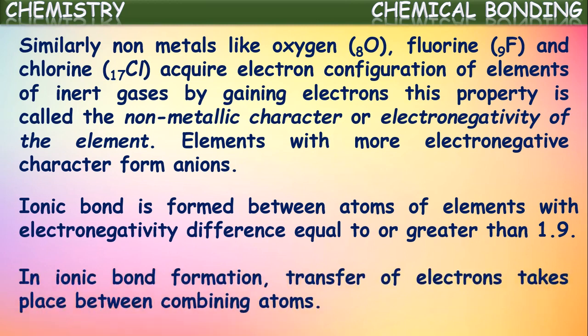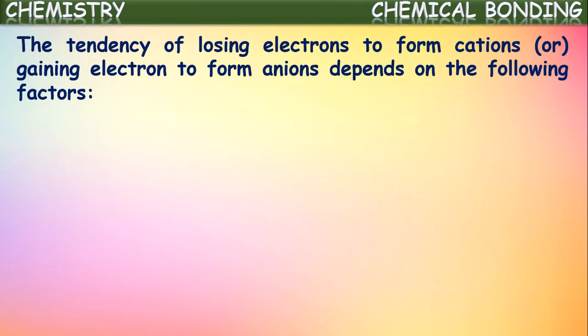Okay. In ionic bond formation, transfer of electrons takes place between the combining atoms. As the electronegativity difference is greater than 1.9, the transfer of electrons takes place, forming oppositely charged ions. The tendency of losing electrons to form cations or gaining electrons to form anions depends on the following factors.